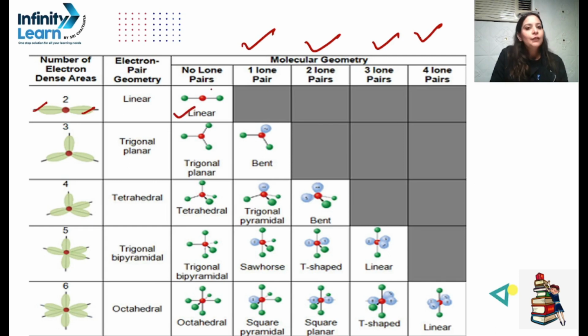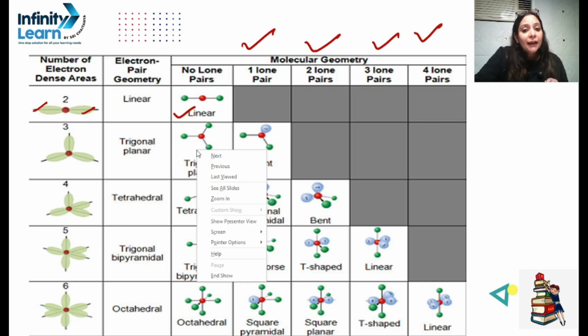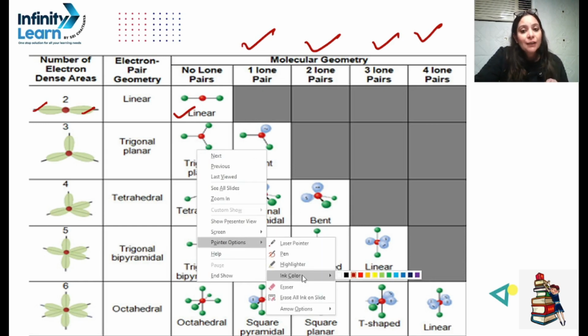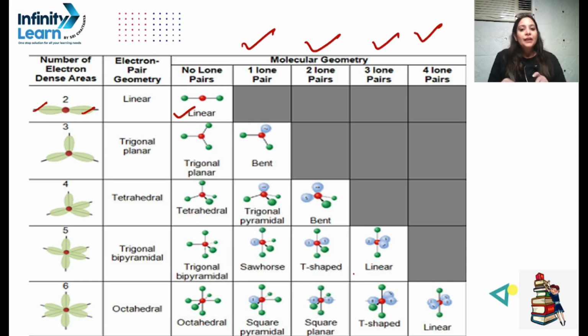This is how the combining atoms will arrange themselves around the central atom. Now, if it has three atoms linked to a central atom with no lone pair, then the geometry would be trigonal planar. And if it has one lone pair, then the geometry will get distorted and it will be something like this, and distorted trigonal planar is called bent.